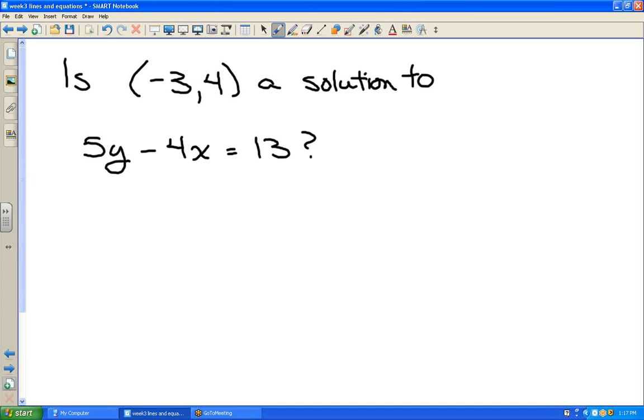It's just a sample problem to test whether or not something is a solution. So first suggestion that I give you, let's give you some steps.